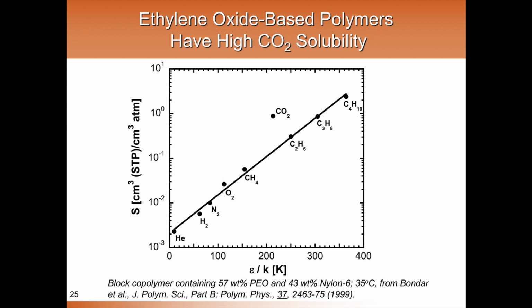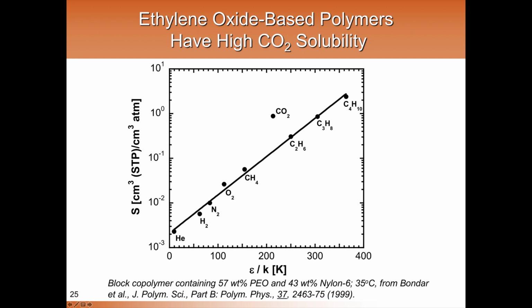And the way we see that is that all of the gases that can't undergo specific interactions with the polyethylene oxide lie on the trend line that we expect between the log of the solubility and the Lennard-Jones well depth. It's with the slope that is the right value that I shared with you a few slides back.